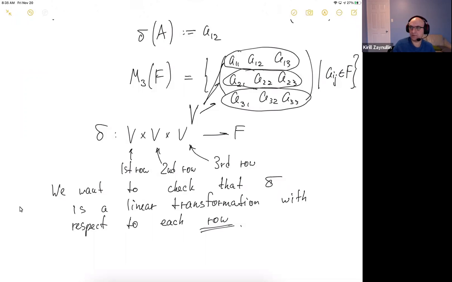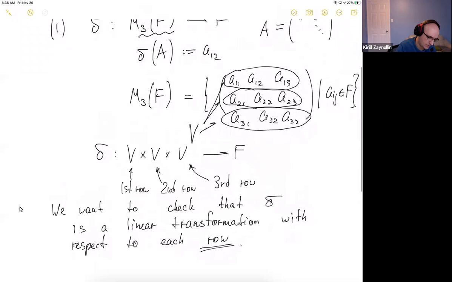It means that we look only at one row and fix the other rows, so the other rows are kind of constants. Then we check whether this function restricted to the chosen row is a linear transformation.